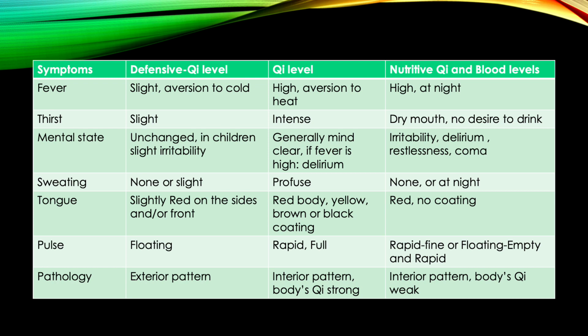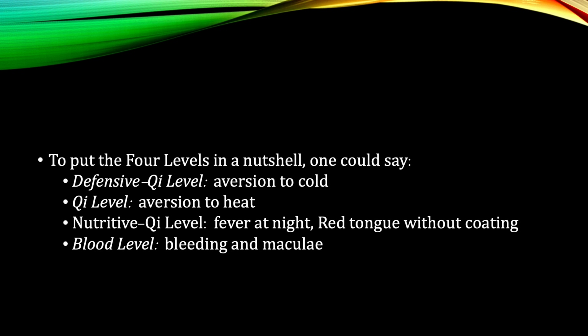The pulse is floating at the defensive qi level, rapid and full at the qi level, rapid, fine, or floating empty and rapid at the nutritive qi and blood levels. Pathology: defensive qi level, exterior pattern. At the qi level, interior pattern, body's qi strong. Nutritive qi and blood levels, interior pattern, body's qi is weak.